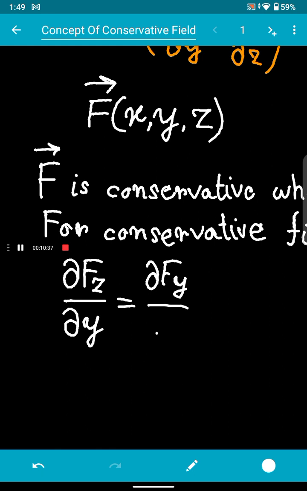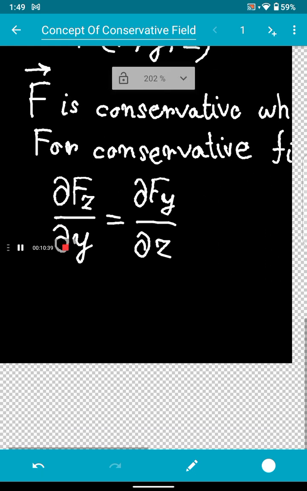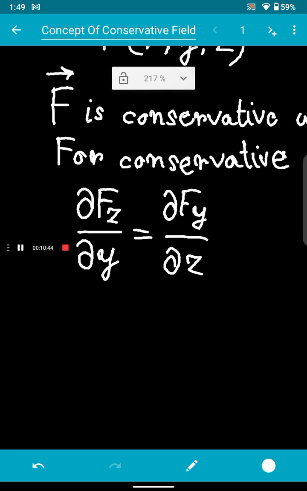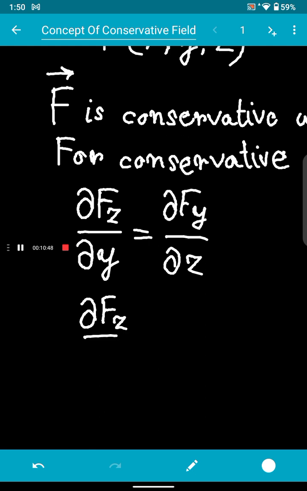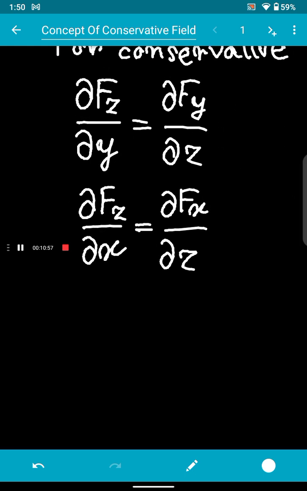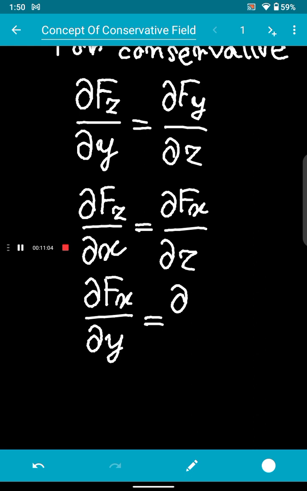Then del fz del x is equal to del fx del z, and finally del fx del y is equal to del fy del x.